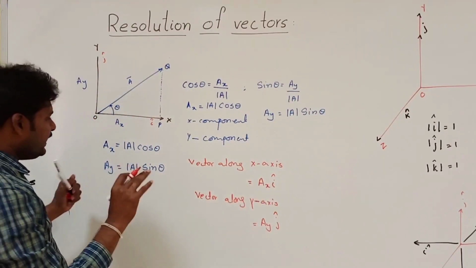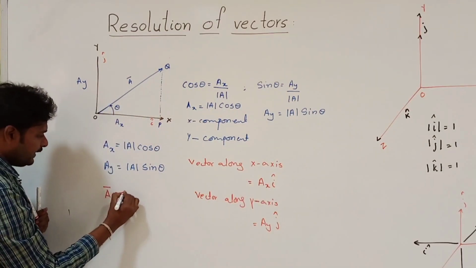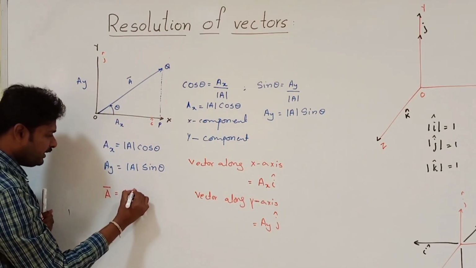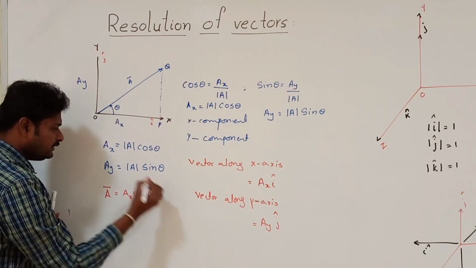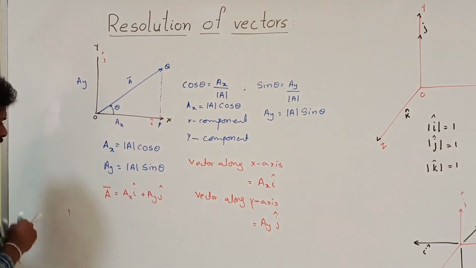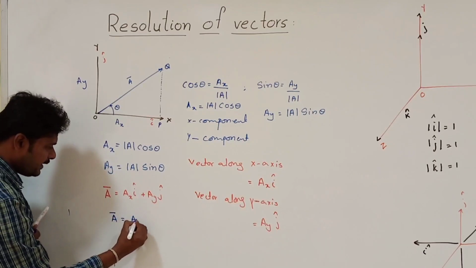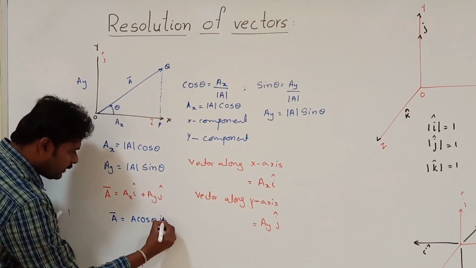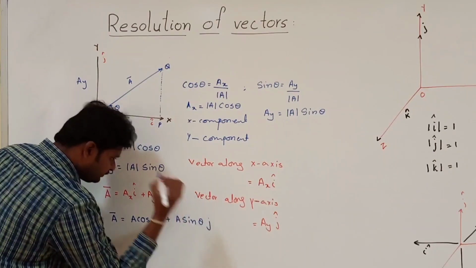Now, how should I write the actual vector, which is a combination of the x component pointing in the x direction and the y component pointing in the y direction? Vector A is equal to the combination of the two components: A cos theta i plus A sin theta j.